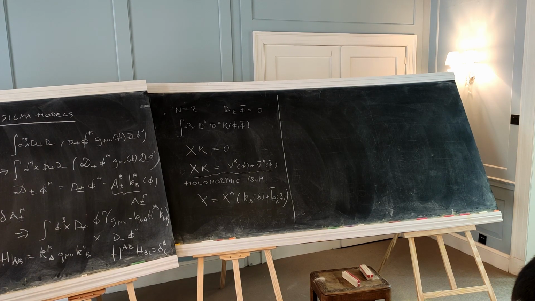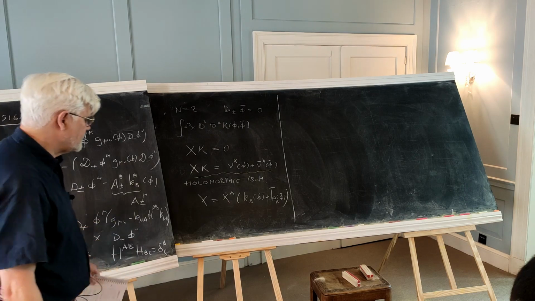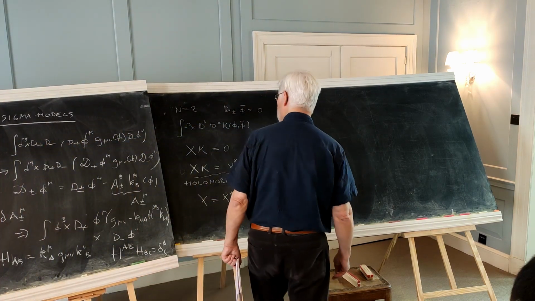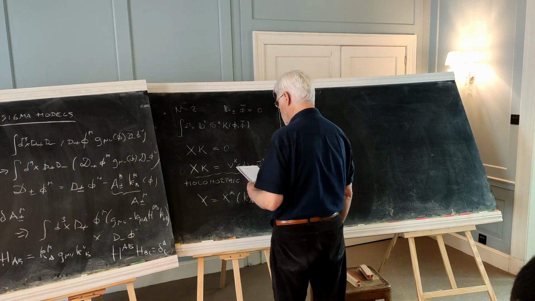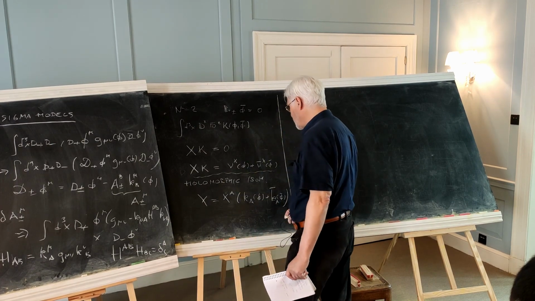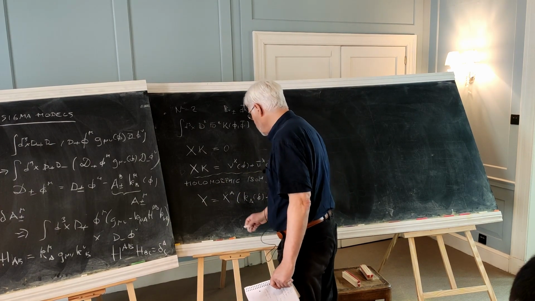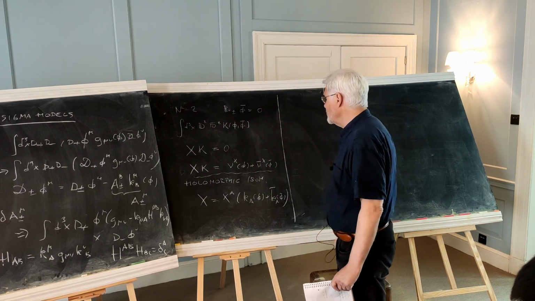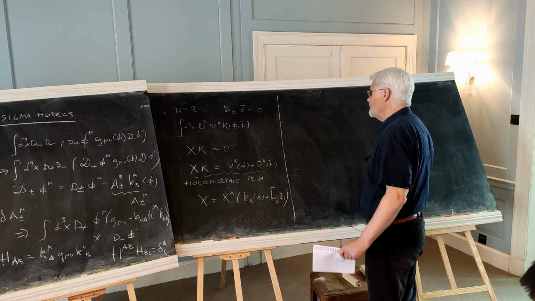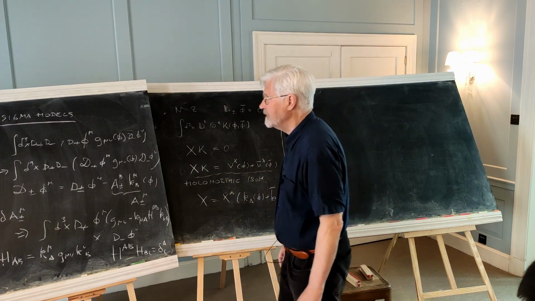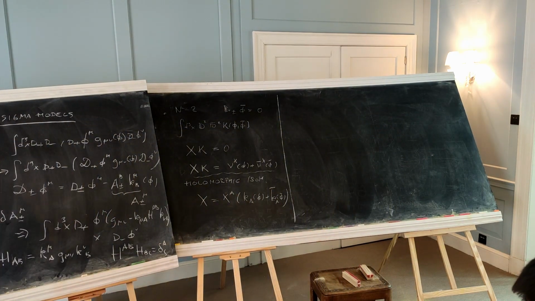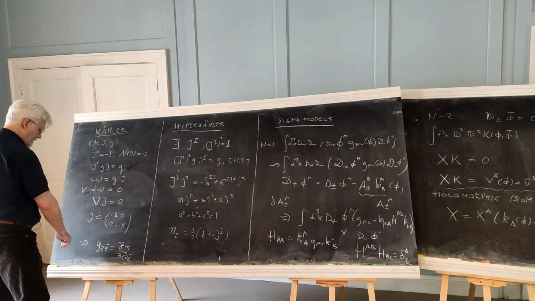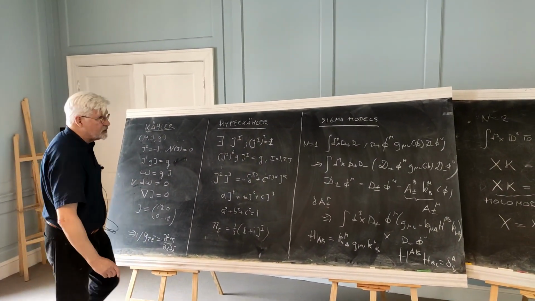Okay, so we start from the Kähler case. This is Kähler, and it means that we have, as I said over here, a J, etc., and an omega.